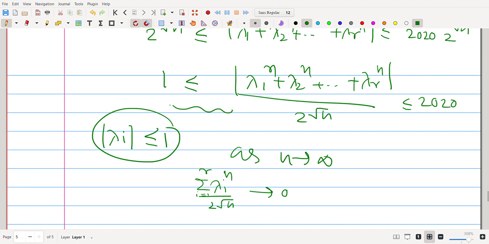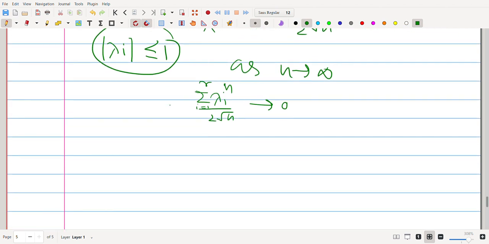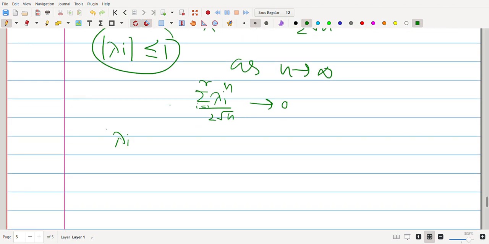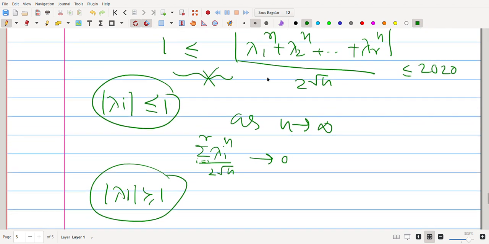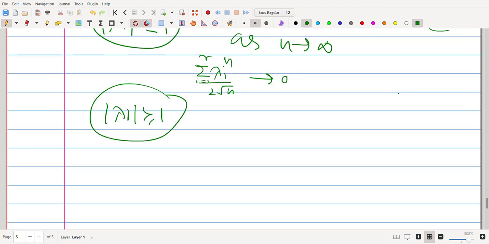That means this inequality cannot hold. And now it is your check that if at least one lambda is greater than 1, and taking n to be an even number, can you show that this inequality doesn't hold? That is your exercise. This is easy to check. For large enough n going to infinity, it is not bounded by this. Right. So that is your check.